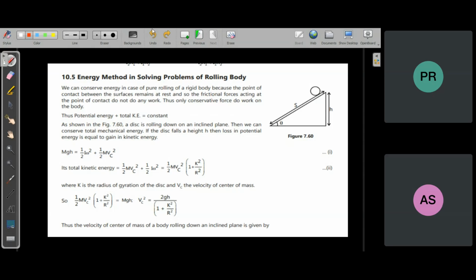Because friction comes under non-conservative forces. So what is the law of conservation of mechanical energy? Does it say that if there is a non-conservative force, then mechanical energy is not conserved? No, sir. So will it be conserved or not conserved?